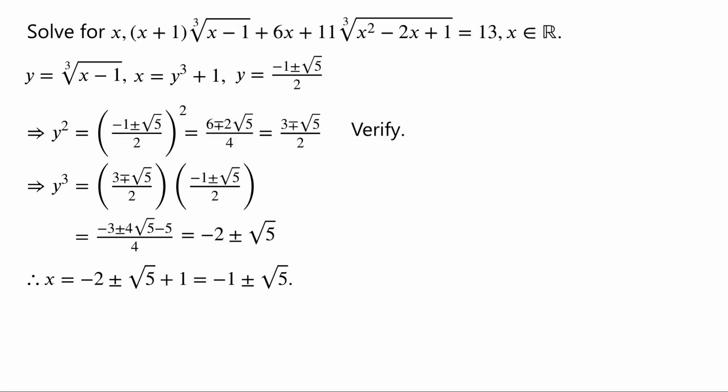Now verify whether they are solutions of the original equation. When x equals -1, plus or minus root 5, x plus 1 is equal to plus or minus root 5.